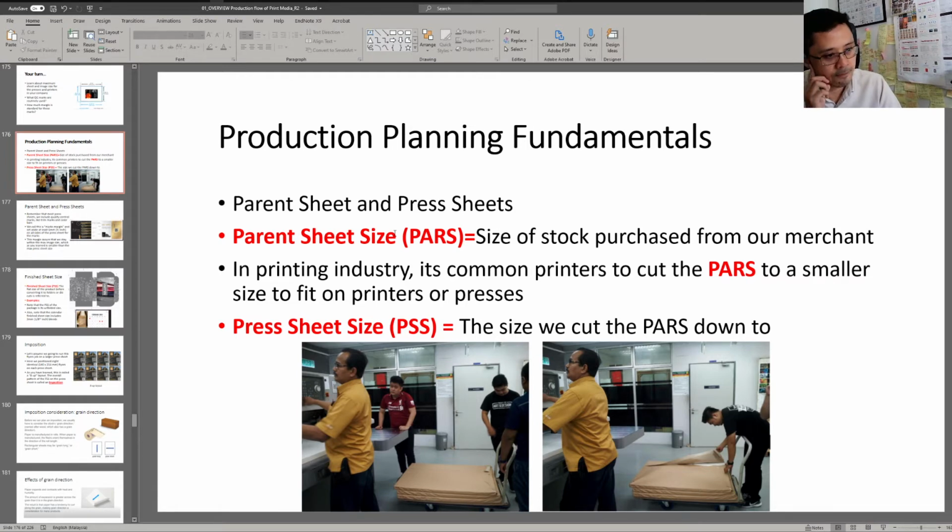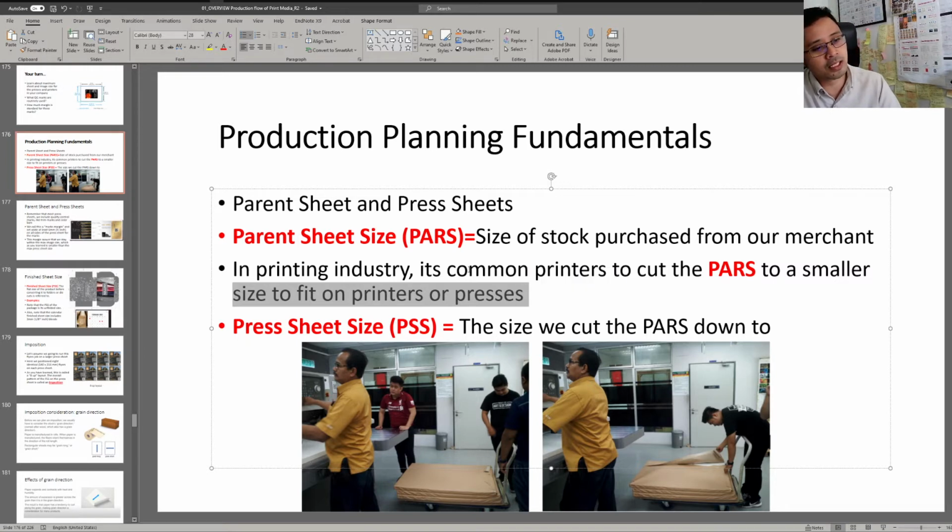Tu size dia. So, one thing about PARS, okay, in printing industry, it is common for printers to cut the PARS into a smaller size to fit on printer or presses.